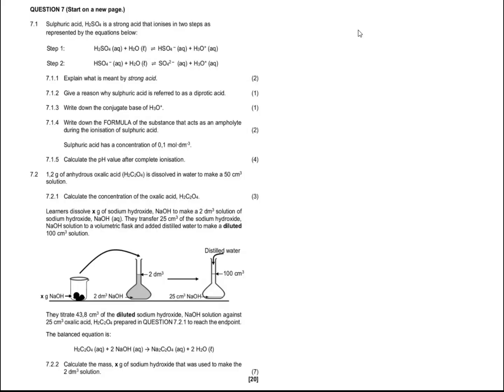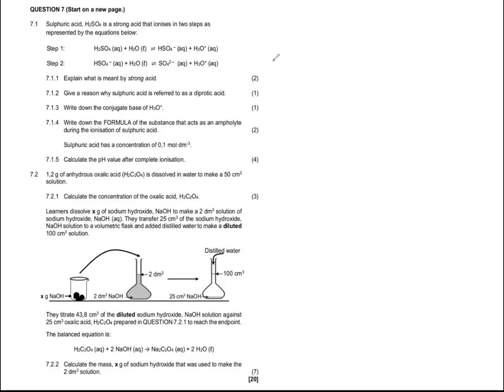All right, so we have this question 7 here. It says sulfuric acid, H2SO4, is a strong acid that ionizes in 2 steps as represented by the equations below. Then 7.1.1 says explain what is meant by a strong acid.